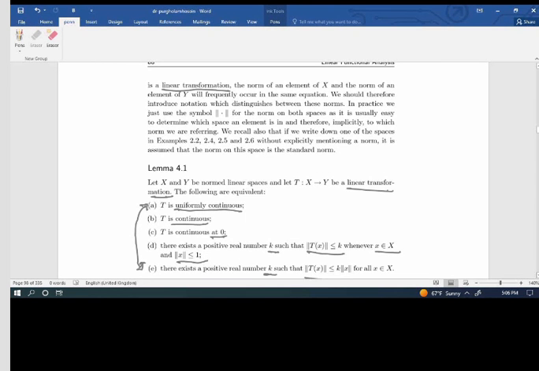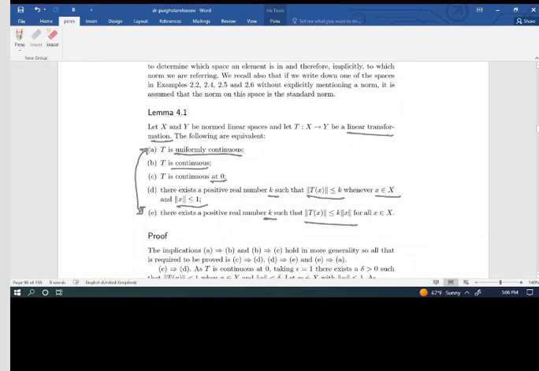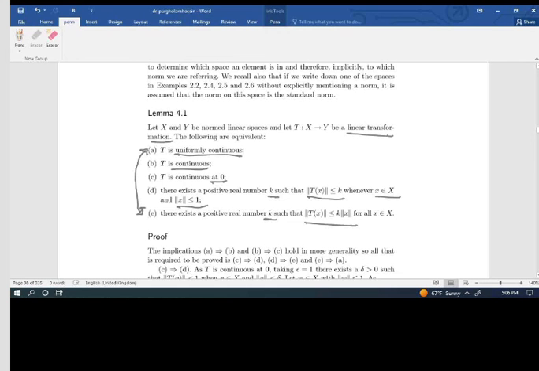There exists a positive real number k such that the norm of Tx is less than or equal to k times the norm of x for all x.